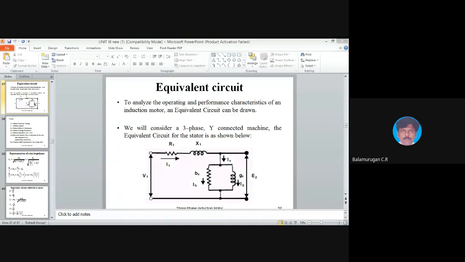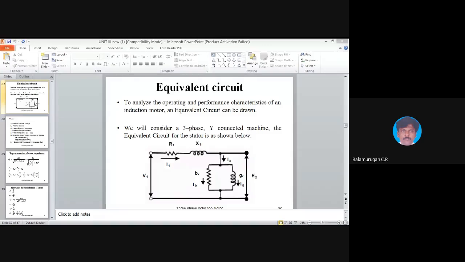This is the load plus R2 dash, and you can write this as R2 dash by S. So these two parameters you are adding. If you refer to the first equivalent circuit, we'll have only the impedance and the resistance. We'll convert it like this. We'll have two terms: a fixed resistance and a variable resistance with respect to the slip. And this is the total electrical load.